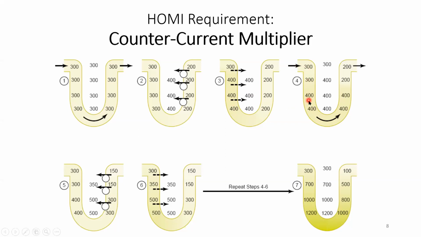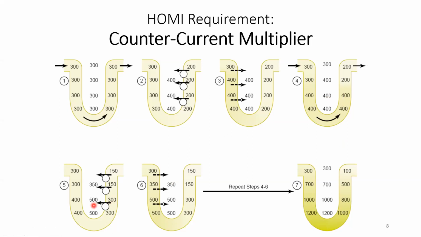This will push the 400 osmolarity carrying fluid forwards. It will now come to the thick ascending side of things, and it will be acted upon by the single effect. Now you can see that that 400 here will again have the single effect. The symporter will pull the solute and dump it into this interstitium, and now you see that that 400 became 300, while the 400 in the interstitium became 500.